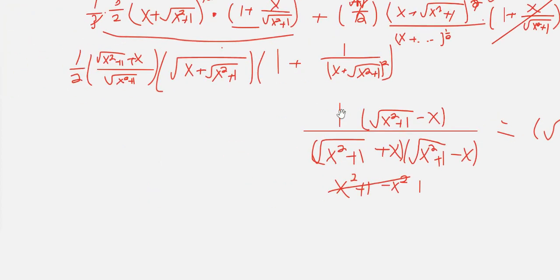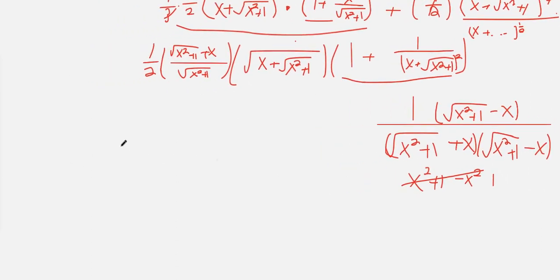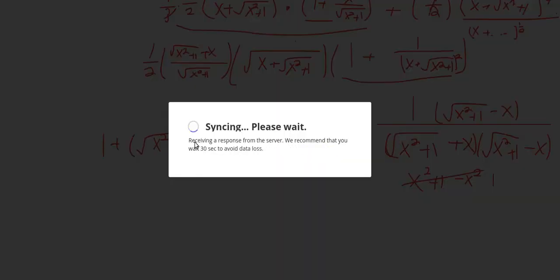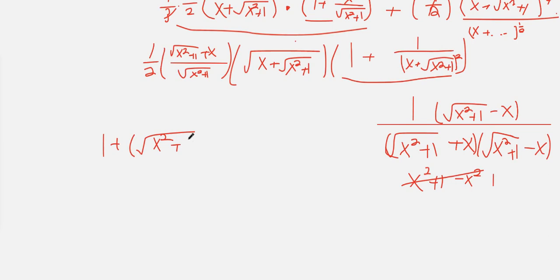Which means that over here, this stuff will have 1 plus the square root of x squared plus 1 minus x, now squared.